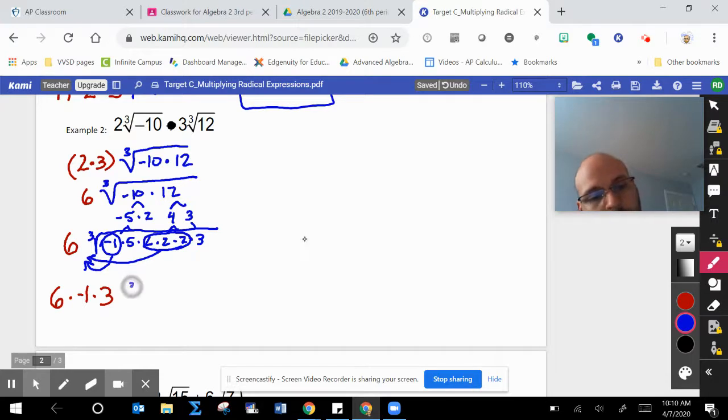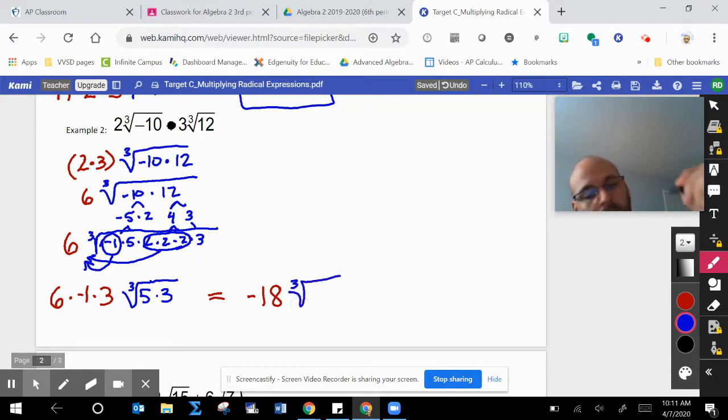And then on the inside, I'm going to have a 5 and a 3. So I'm going to get an answer of a negative 18. So if you multiply all that together, it's a negative 18. And then I'm going to have times the cube root of 5 times 3, which is 15.